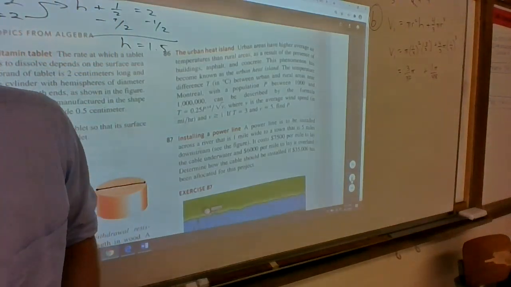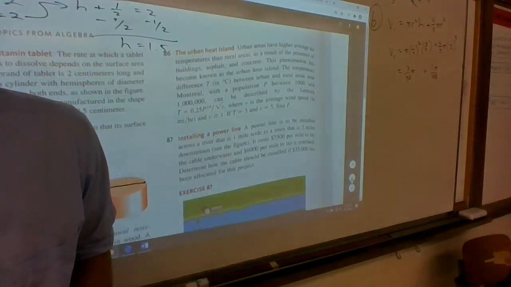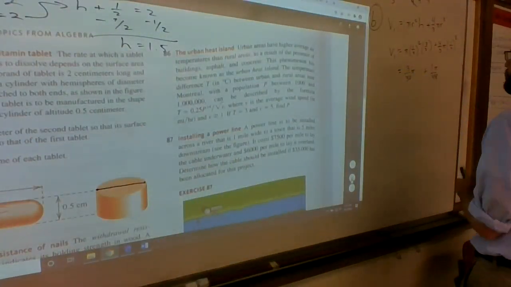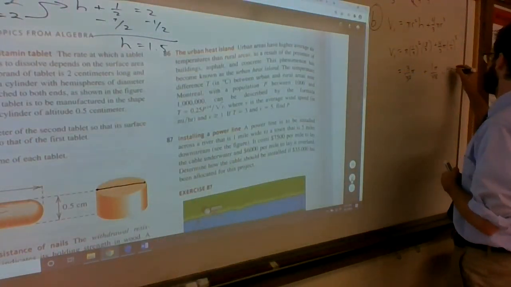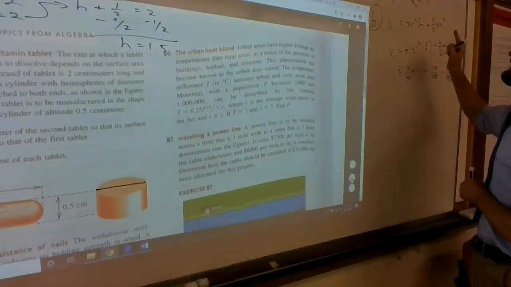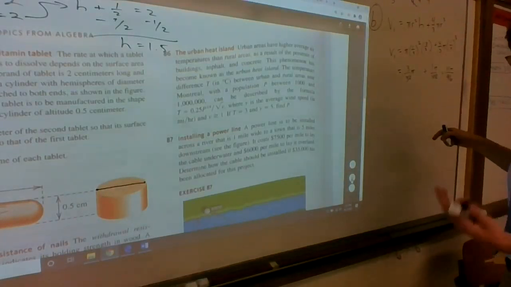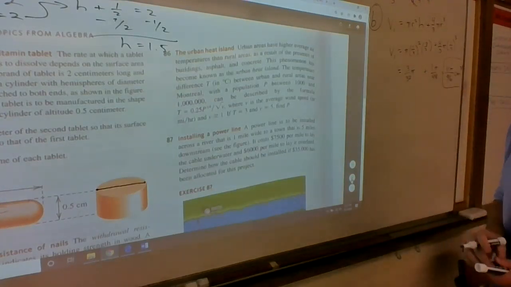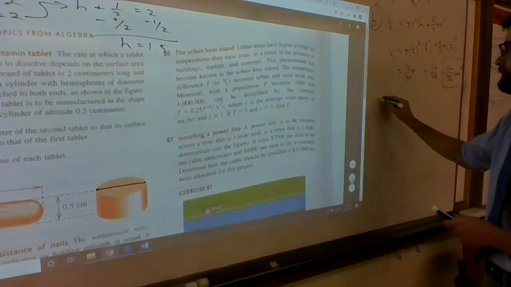We get 11 pi over 96 centimeters cubed. So cubic centimeters makes the most sense here because it's volume.